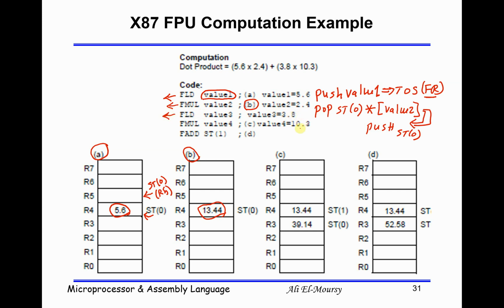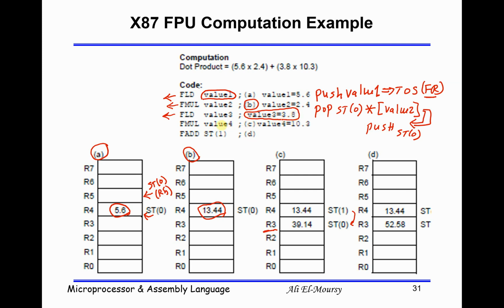This instruction will push the value 3.8 into the stack. That means ST0 is now pushed one place to point at register R3, and at R3, after this instruction, I will have the value 3.8.